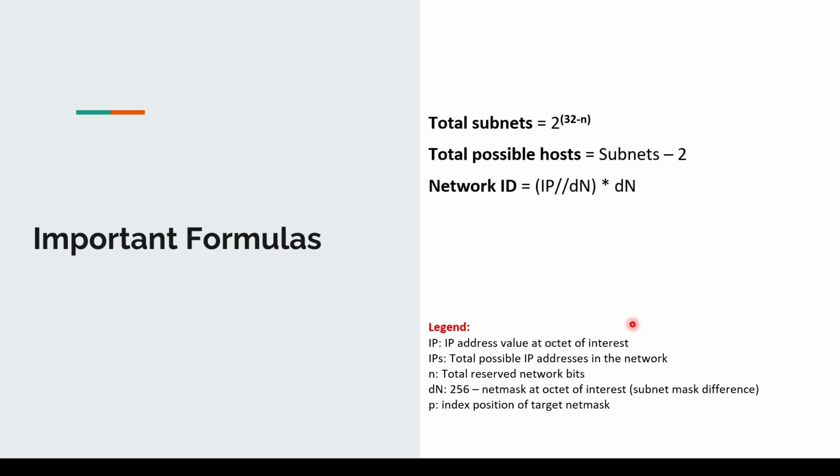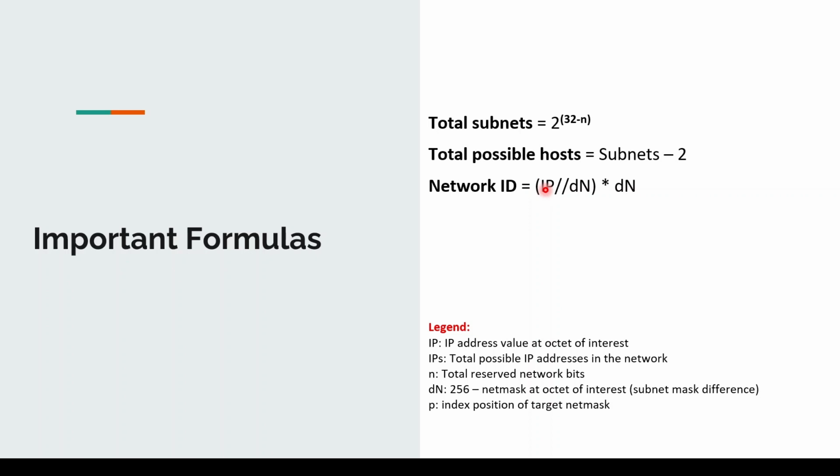Then to calculate the network ID, we have the integer division of the IP by the delta n. Here, the IP is the particular IP address value at the octet of interest.